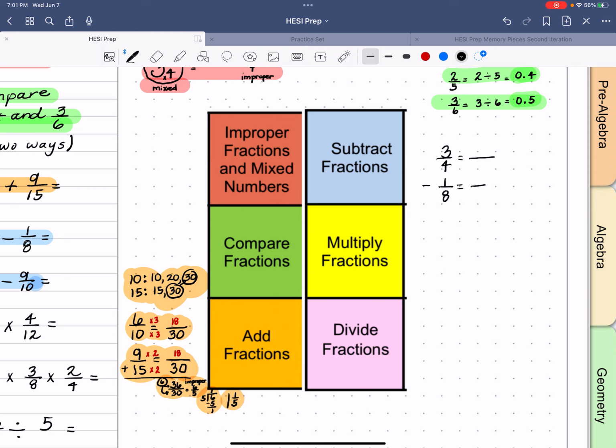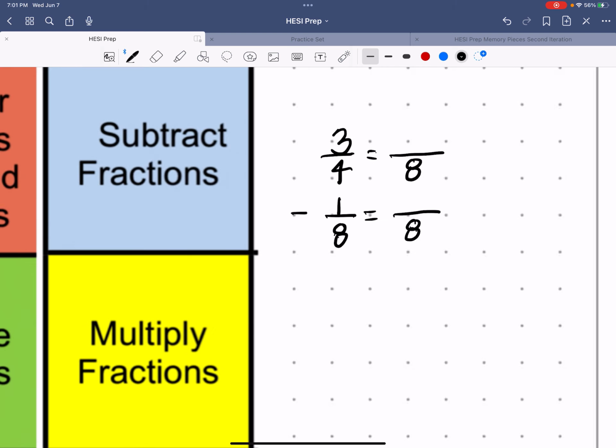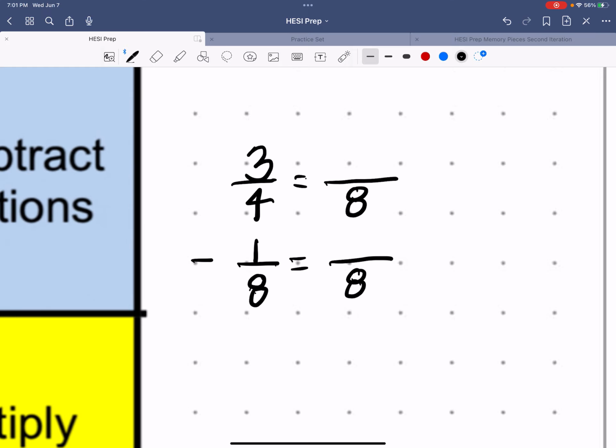I know that both of them will go into 8. If you want to list the multiples, you absolutely can do that. But you know they both will divide into 8, so I would just go with that. That is the least common one. You could also use a 16, but the 8 is smaller.